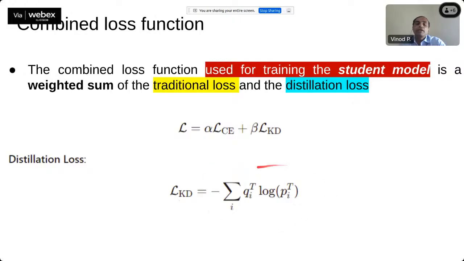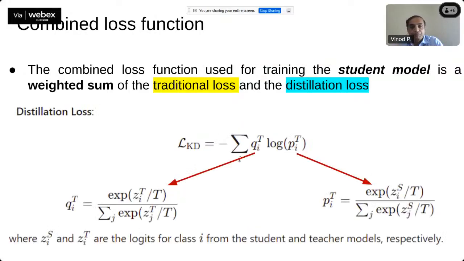So this is nothing but here we are trying to find out the KL loss. We would try to bring the two output distributions from the student model and teacher model as close as possible.